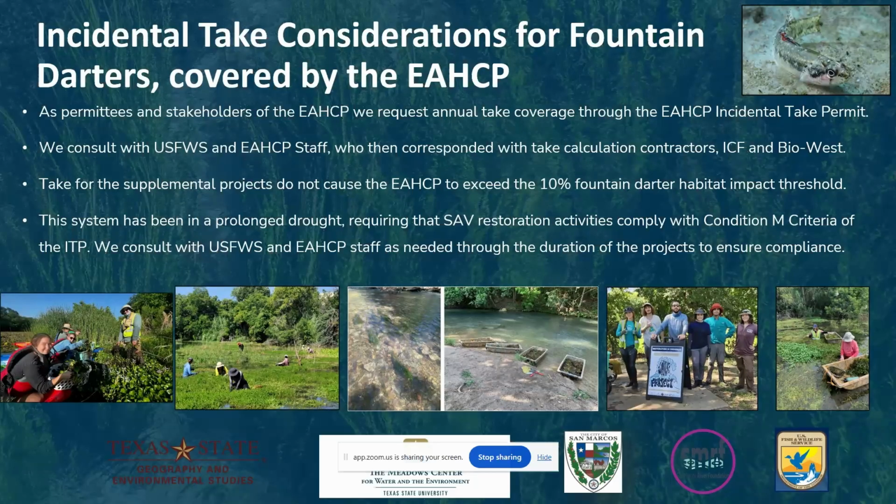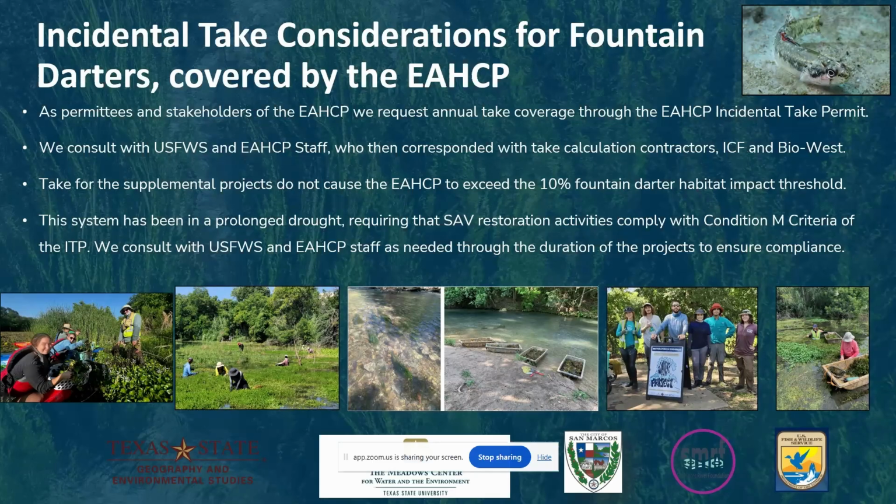So to do this work, what the HCP does is allow us to go in and manipulate habitat, but it does take away habitat temporarily from the endangered species, like the fountain darter up in the corner there. And so we call this incidental take.